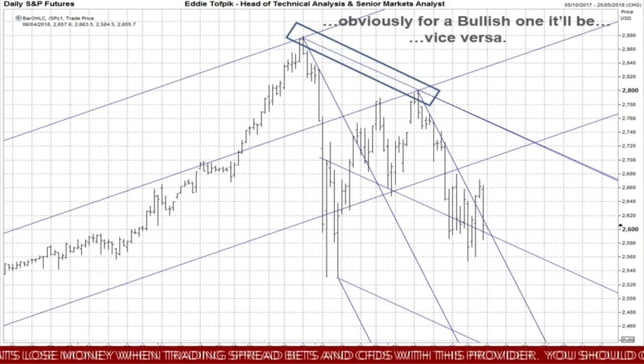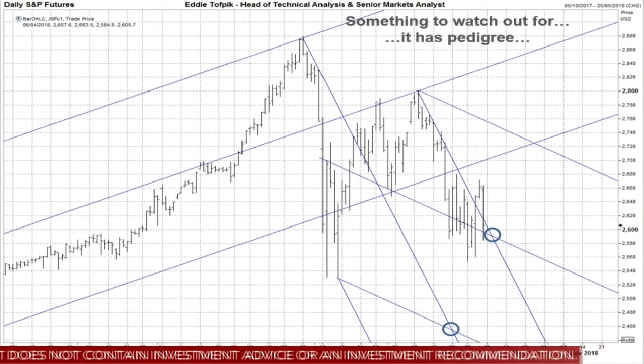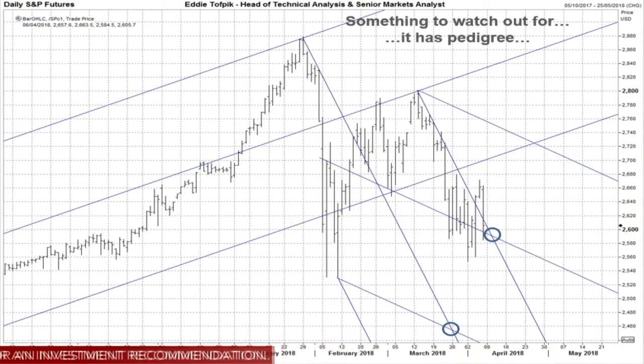For a bullish one, it's the other way around, obviously. Now, this is something to watch out for. When a modified Schiff pitchfork crosses over an original Andrews pitchfork, there are periods where you may see one or more of these things: extreme volatility, a change in trend, a reinforcement of a trend.